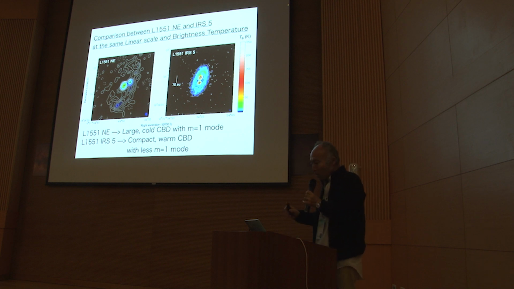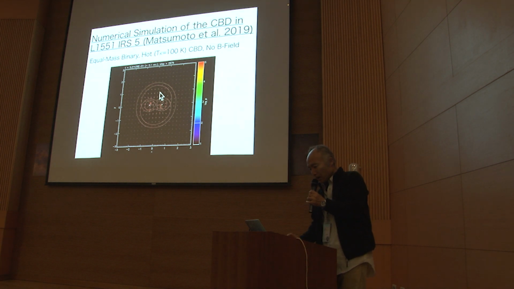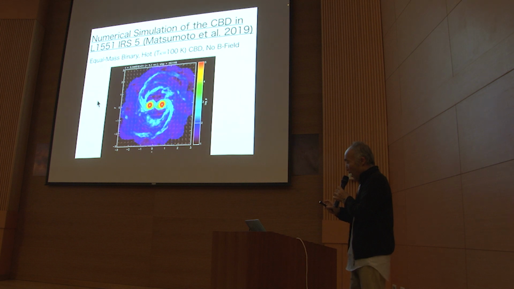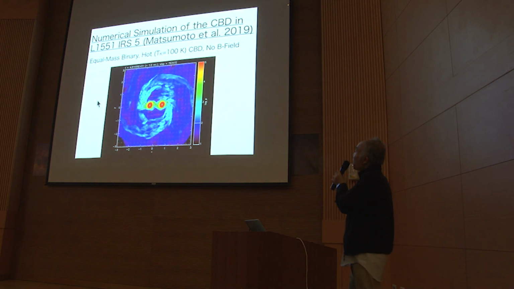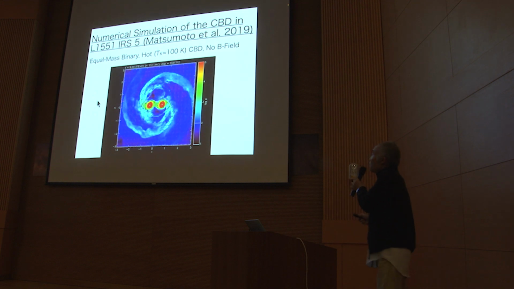We made numerical models to reproduce this spatial structure and also the velocity structure. This is one of Matsumoto-san's images reproducing the observation result of IRS5.